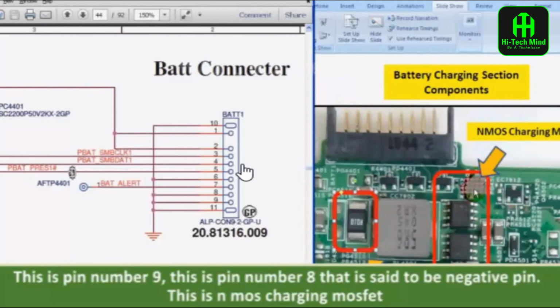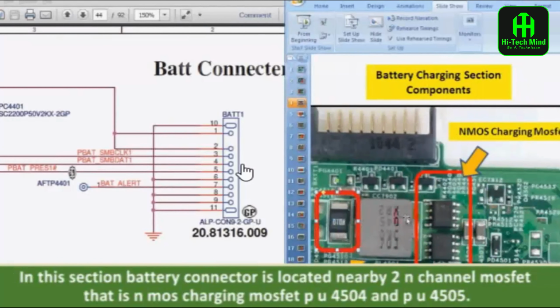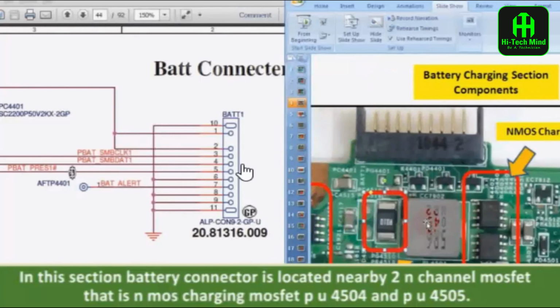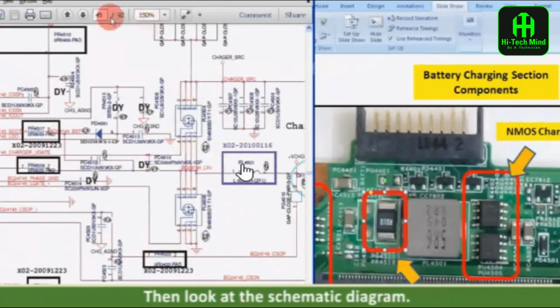This is the N-channel charging MOSFET. In this section, the battery connector is located near 2 N-channel MOSFETs, that is N charging MOSFETs PU4504 and PU4505. Then look at the schematic diagram.